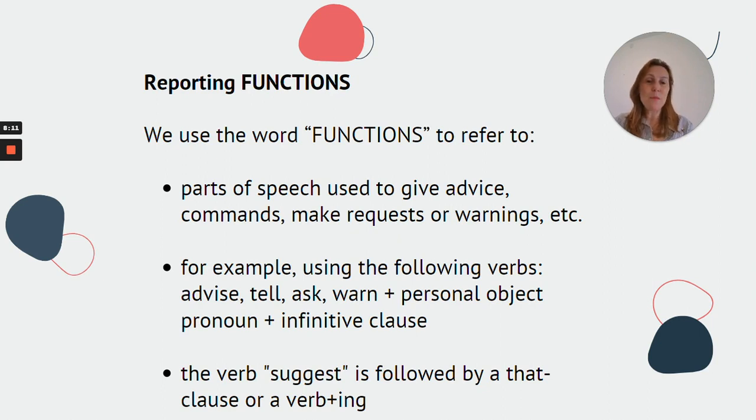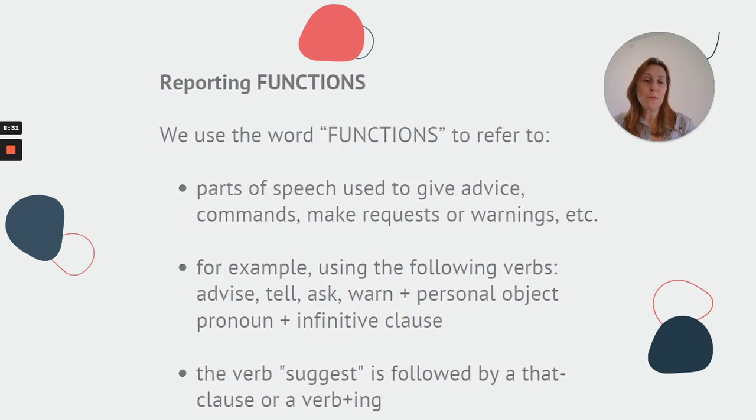We will see an example in a minute. And we have also learned that the verb suggest is different and that it is followed by a that clause or a verb plus ing, but it is never followed by a to infinitive clause.